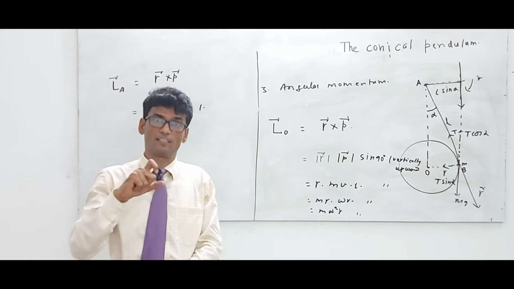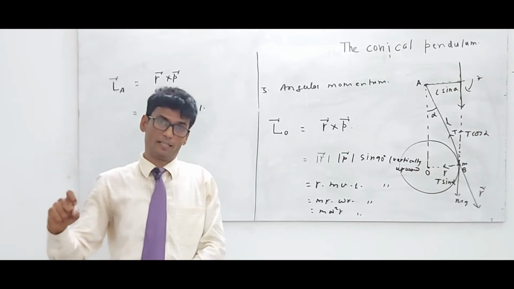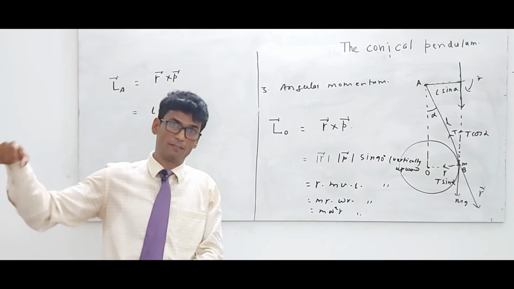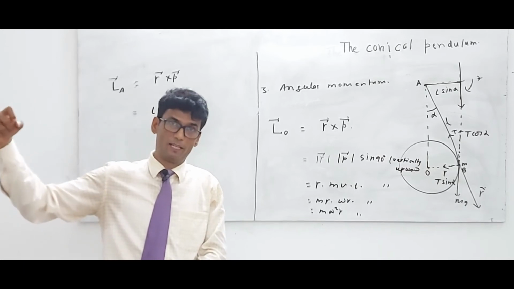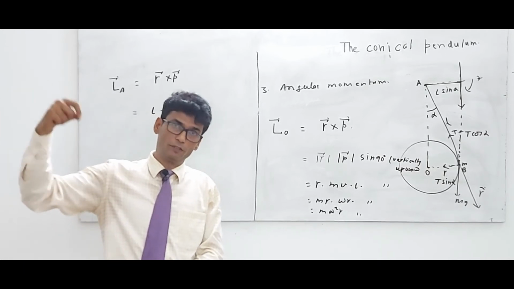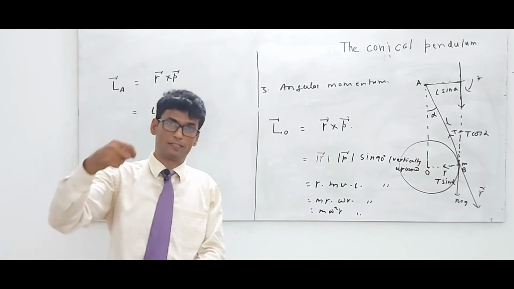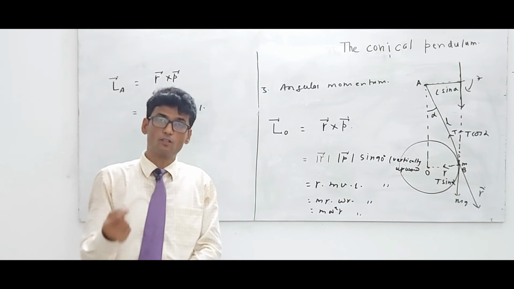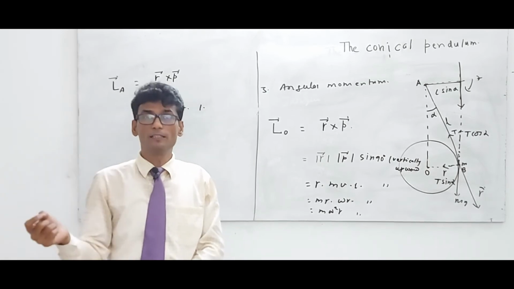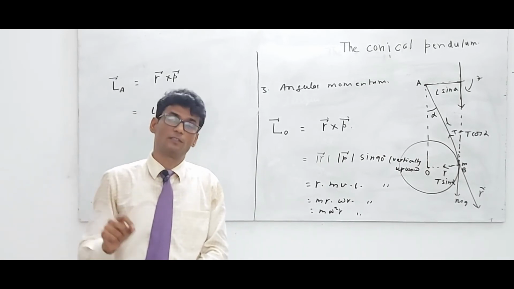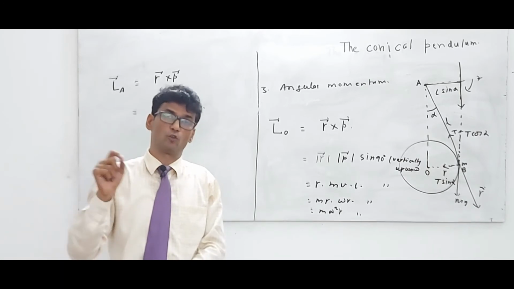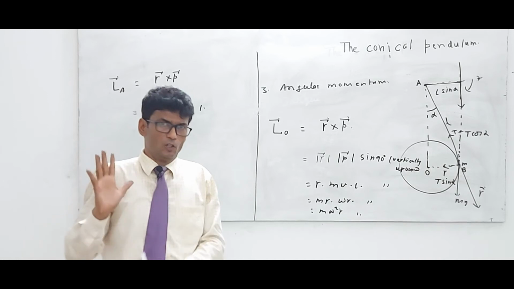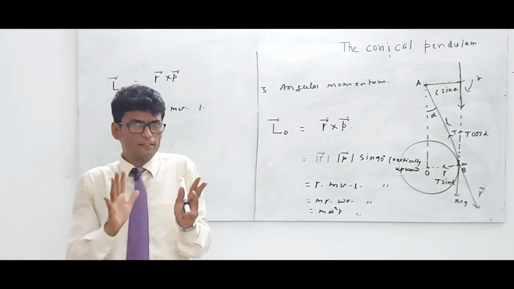Vector A cross vector B is equal to the modulus of A multiplied by the modulus of B multiplied by the sine of the angle between them, multiplied by the unit vector n. This unit vector n is perpendicular to vector A as well as vector B, over the plane containing vectors A and B, because two vectors are always coplanar, that is, they lie in the same plane. What do we pick up from here?